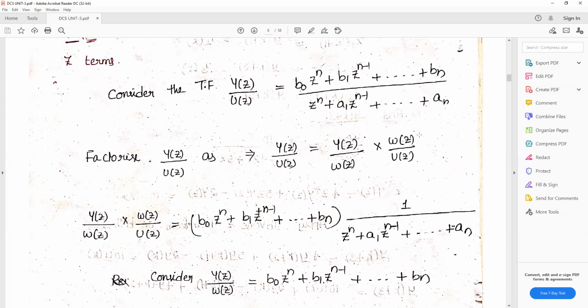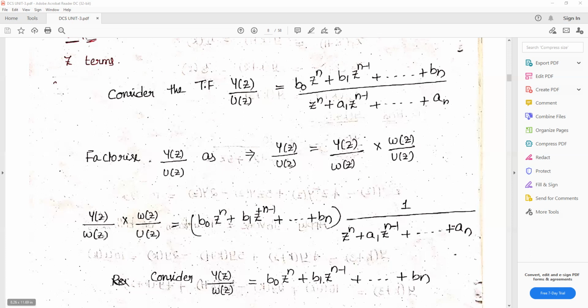But for the purpose of simplification, y of z by u of z is taken as y of z by omega of z into omega of z by u of z.